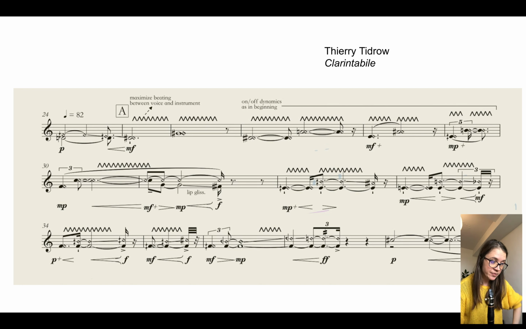And then in measure 30, we hit the C with the clarinet and then change to the D or to the G but leaving the voice where it is. And so you can really hear these clear pitches.